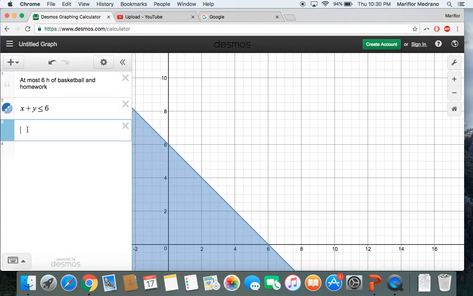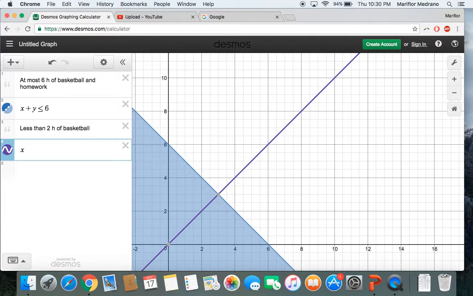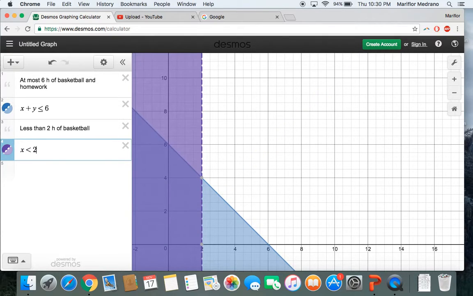The next note we're going to write is that we wanted less than 2 hours of basketball. Then on the next line we write x, which is the number of hours playing basketball, is less than 2.